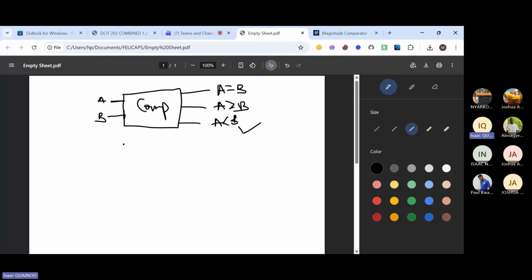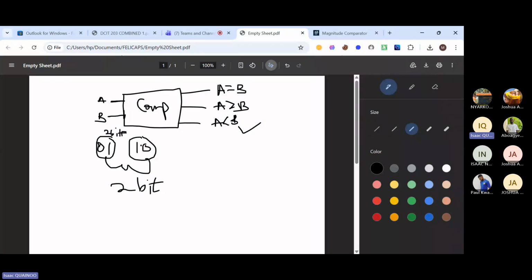If you are given 4 inputs in the form, let's say, 0, 1, and then 1, 0, we call this kind of comparator a 2-bit comparator. Why do we call it a 2-bit comparator? Because you can see that it's comparing 2 numbers, 01 and 10, and each of these numbers is a 2-bit binary number. If you count the bits, each number has 2 bits.